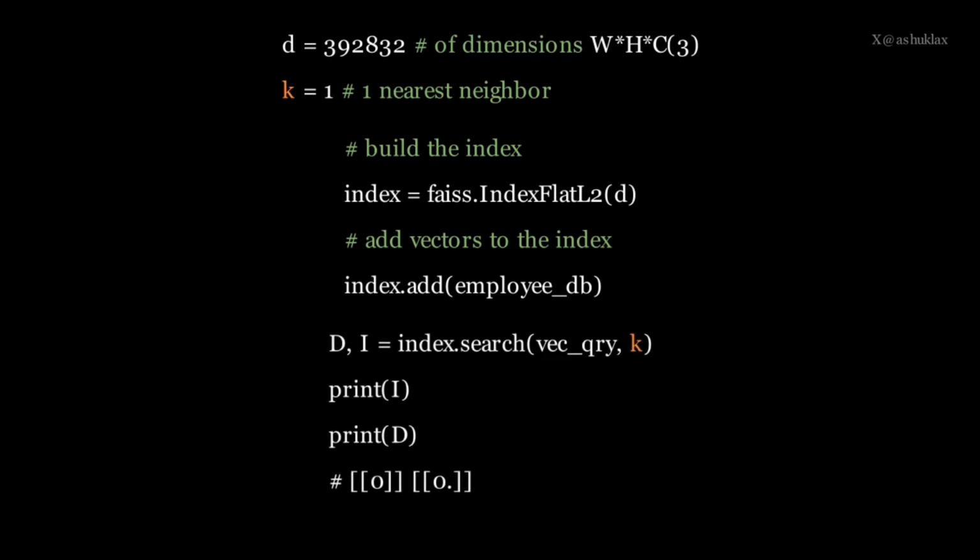This code searches for the nearest neighbor of the query vector vec_qry in the index and returns the indices I and distances D of the closest matches. The output 0, 0 indicates that the closest match is the first vector in the index with a distance of 0, meaning they are identical. Eventually, this closest matching image index is the index of the employee image you are searching for in the database.